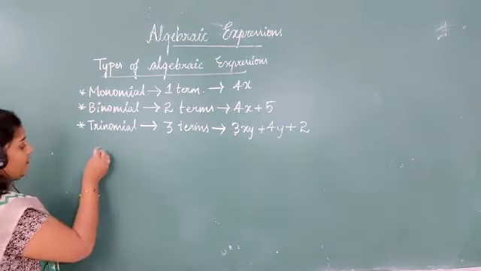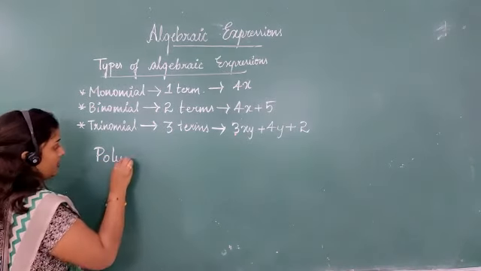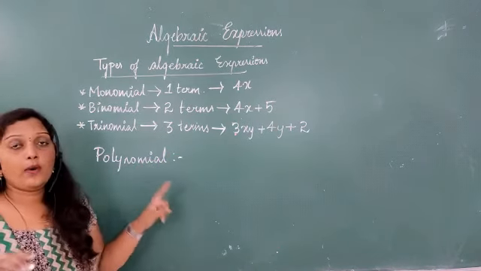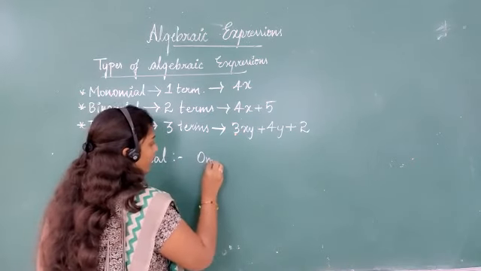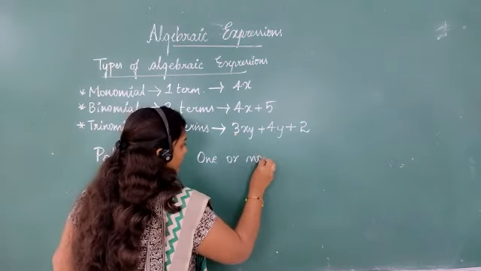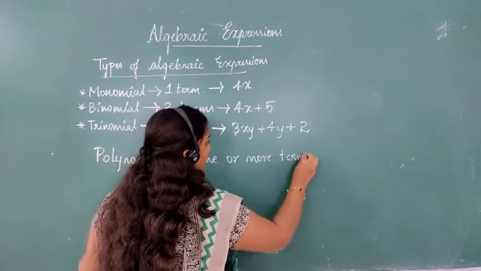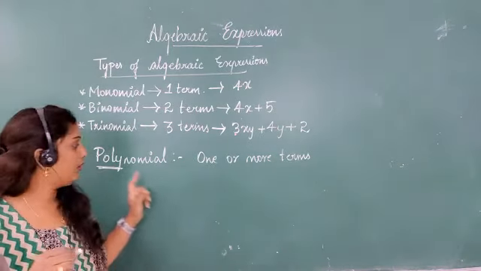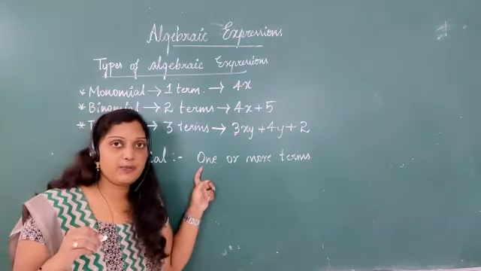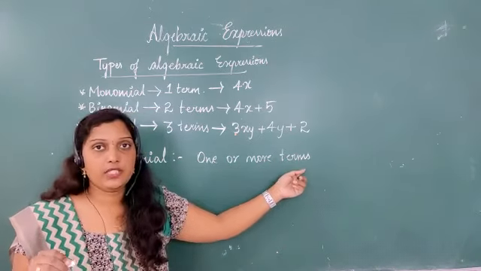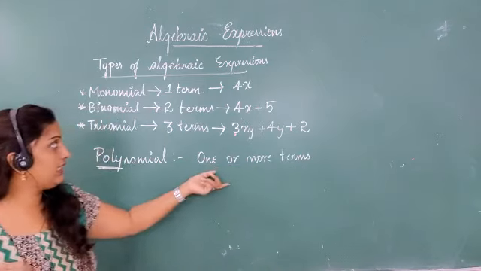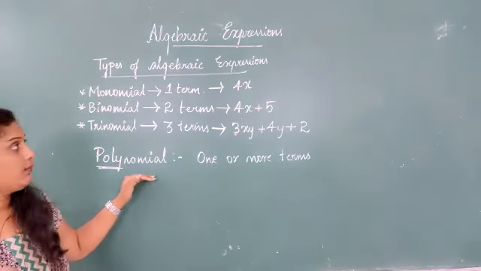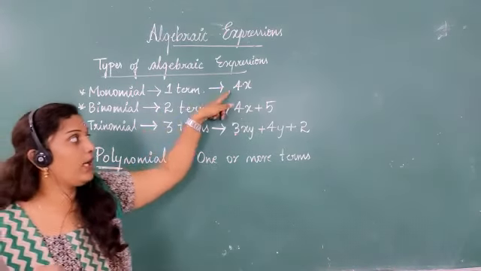And one more you have, polynomial. So what is a polynomial? An algebraic expression containing one or more terms is called a polynomial. Poly means one or more. So all these 3, monomial, binomial and trinomial, come under polynomial, because all these expressions have one or more terms.